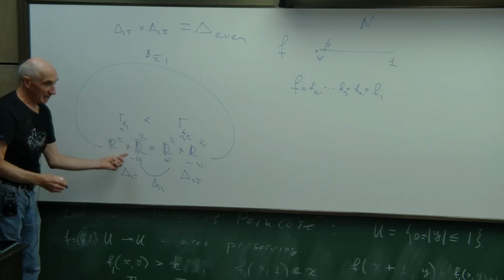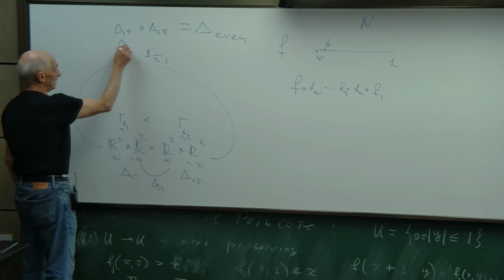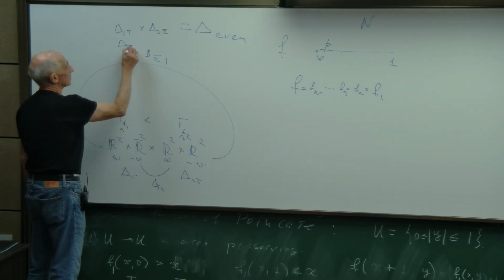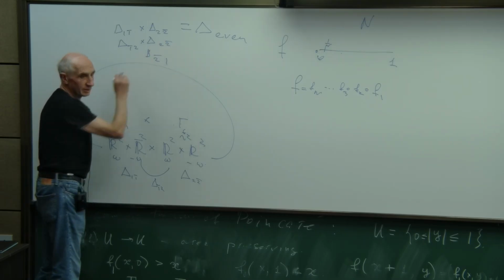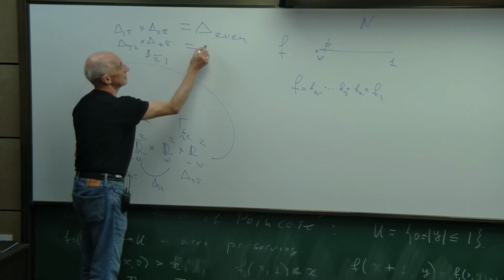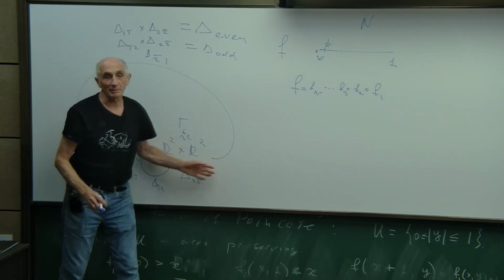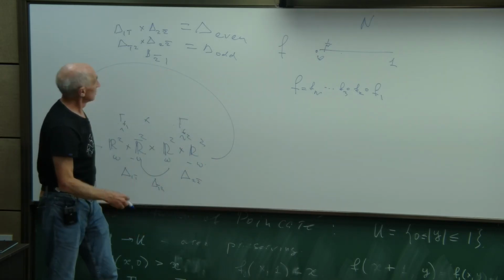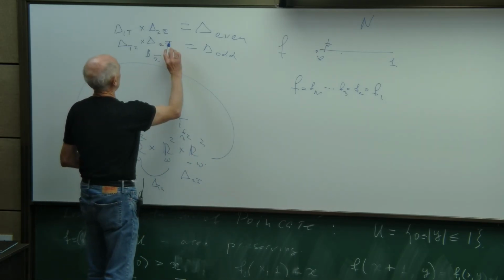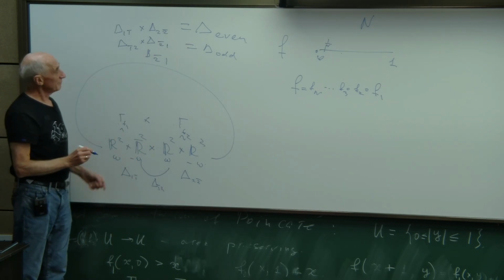And I can take a product of two other diagonals: delta 1 bar 2 times delta 2 bar 1. I call this delta odd. And if you have more of them, I play the same game, taking the product of these.